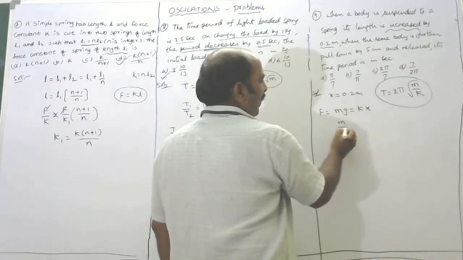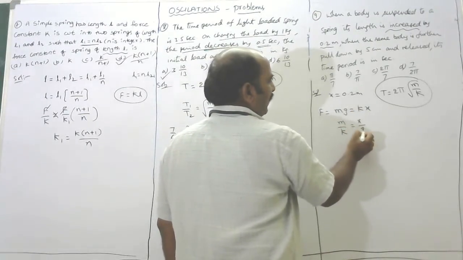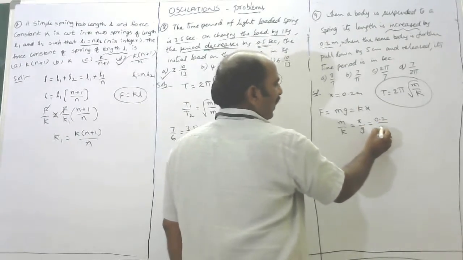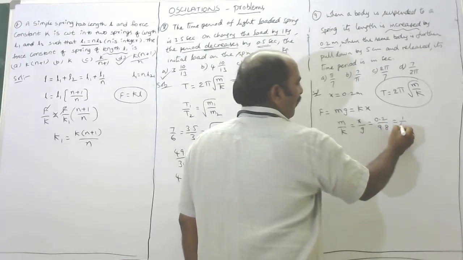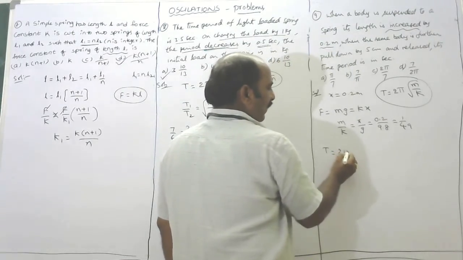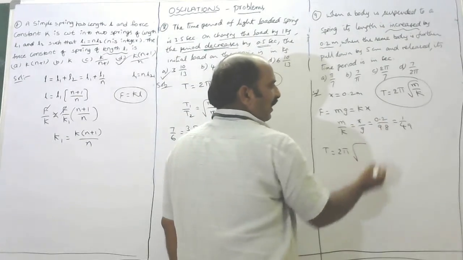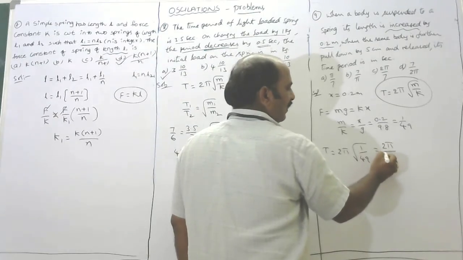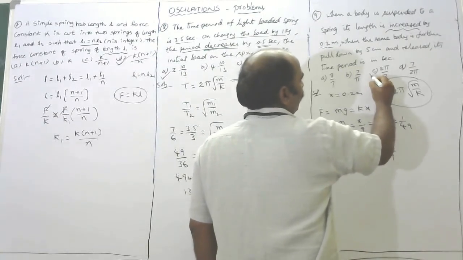From this you write m by k is equal to x by g. Here x is equal to 0.2 by, you know g value as 9.8. We get 1 by 49. Now capital T is equal to 2 pi under root of m by k. m by k is 1 by 49. So this is 2 pi by 7 seconds. So option C is correct.